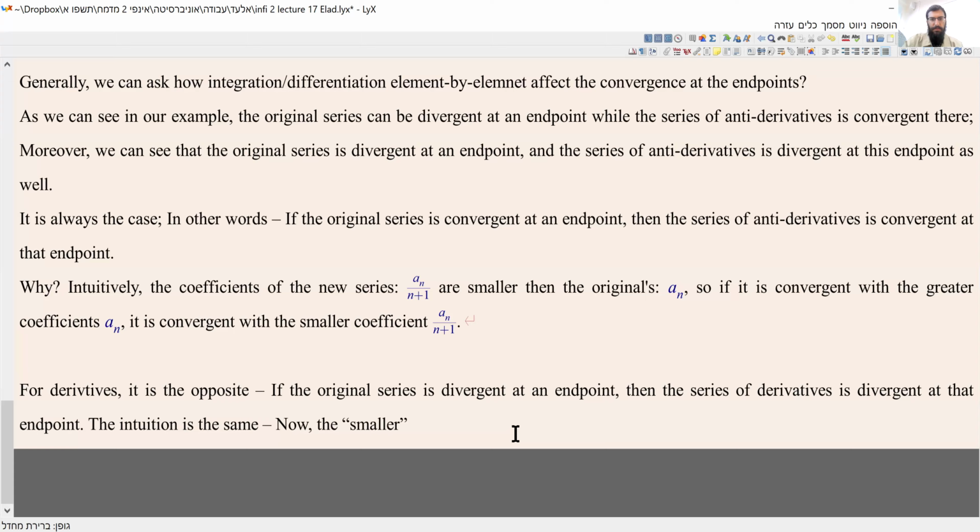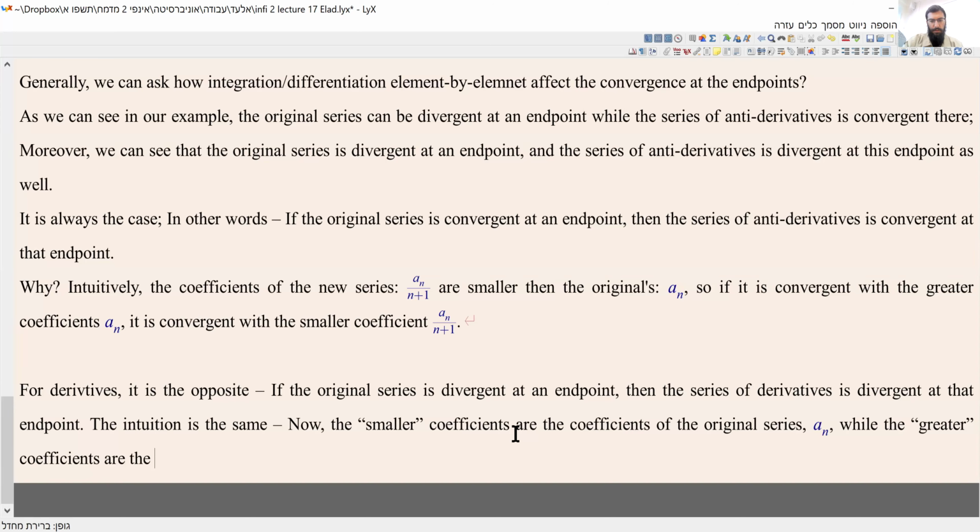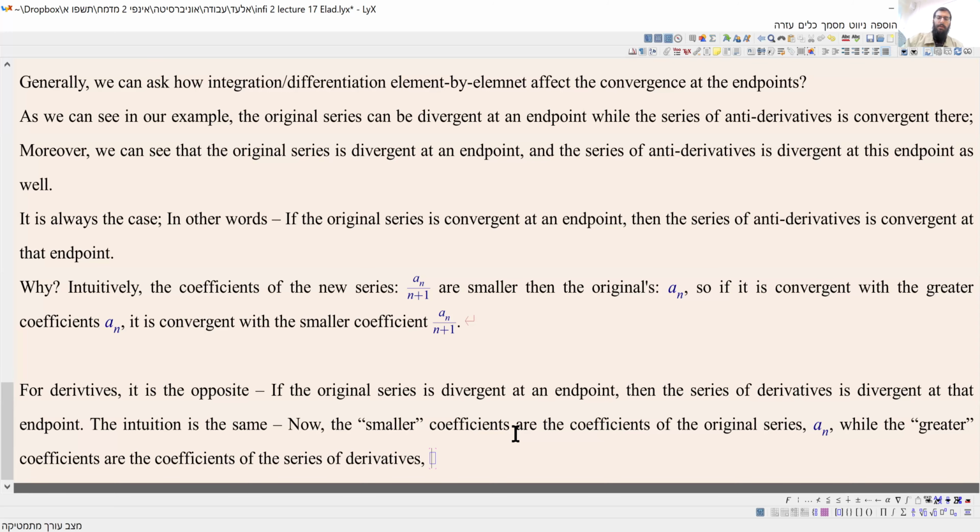Now the smaller coefficients are the coefficients of the original series, which are a_n, while the greater coefficients are the coefficients of the series of derivatives, which are n multiplied by a_n.